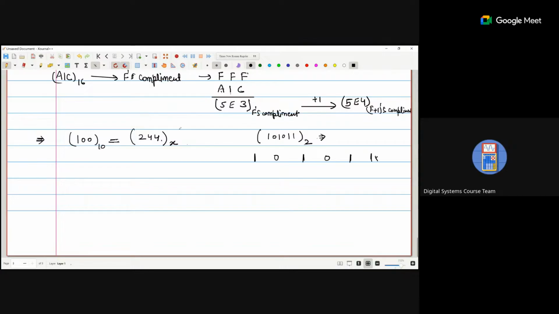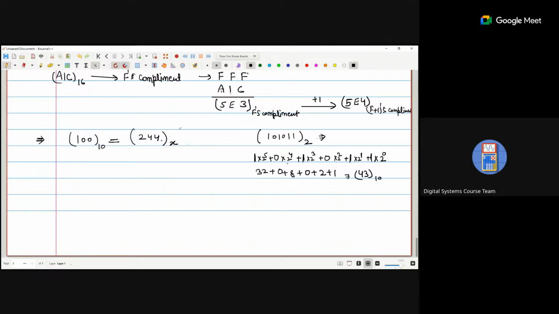The base is 2, so 2 raised to power 0, plus 2 raised to power 1, plus 2 raised to power 2, plus 2 raised to power 3, plus 2 raised to power 4, plus 2 raised to power 5 for each digit. So it becomes 32 plus 0 plus 8 plus 0 plus 2 plus 1. So it is 43.